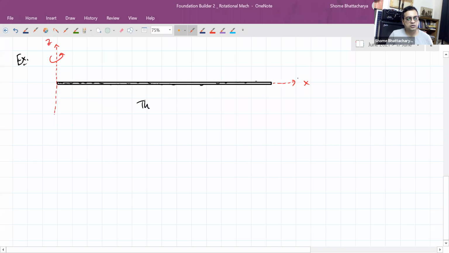So this is a thin uniform rod, of mass m, length l.